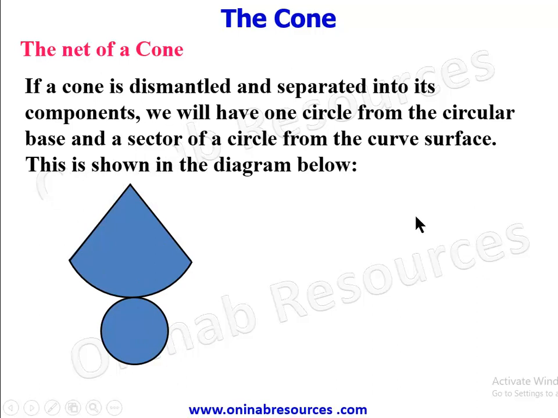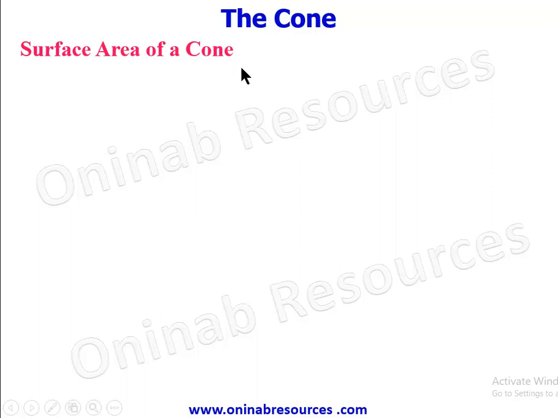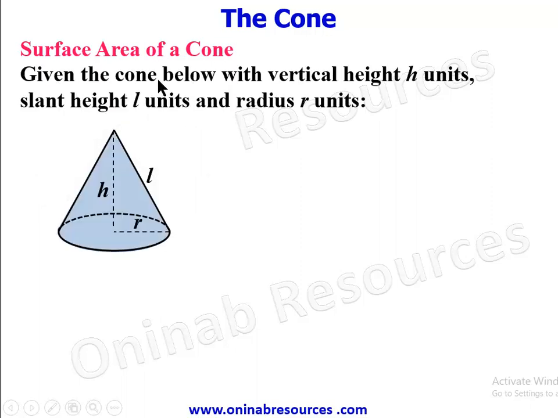Then we go to the surface area of a cone. Given the cone below with vertical height h units, slant height L units, and radius r units. So we look at the area of the circular base. Since the base is a circle, it is pi r squared.